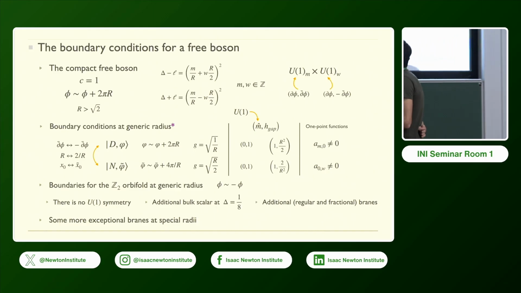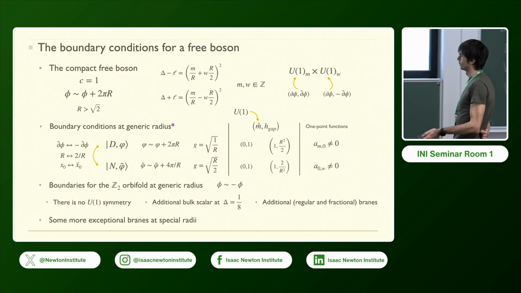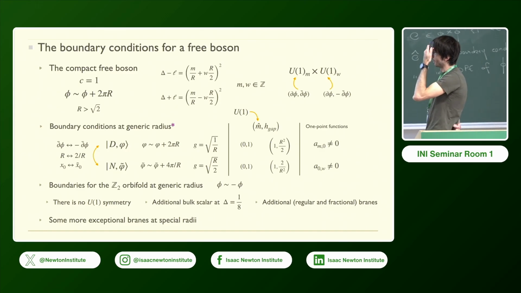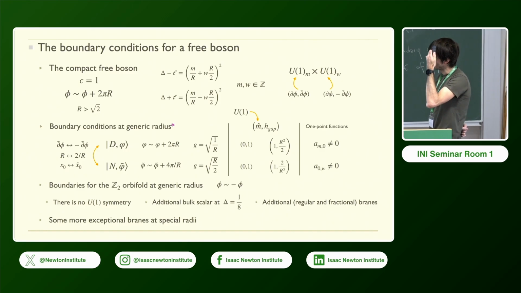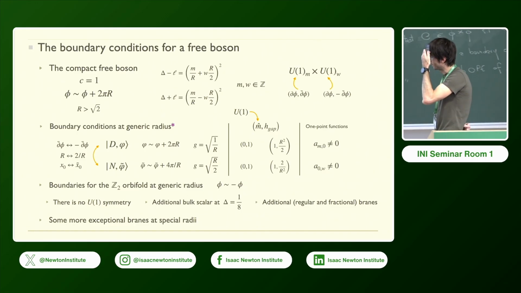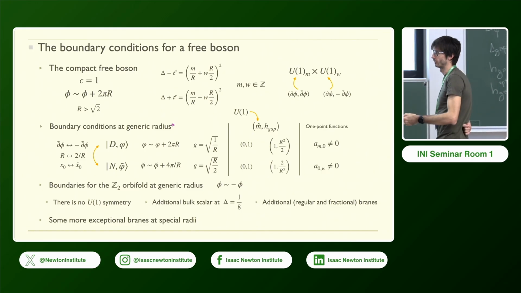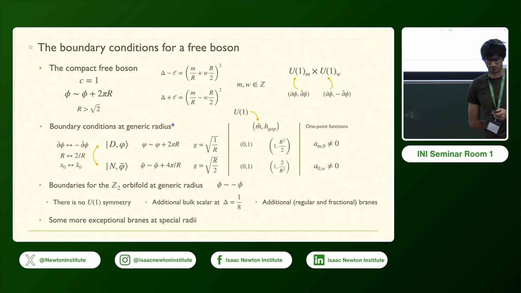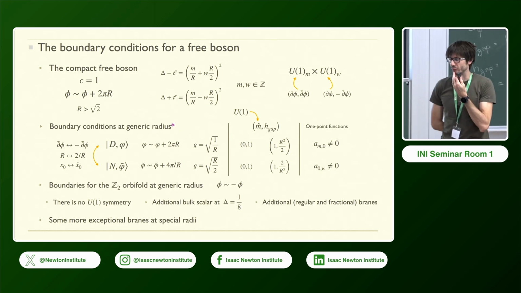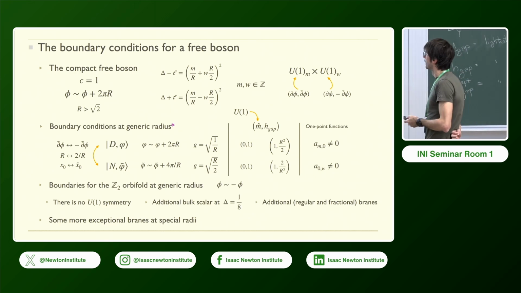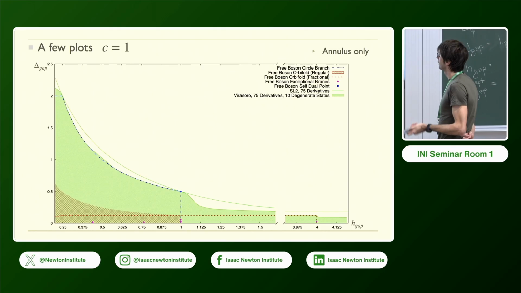There are other boundary states for the Z2 orbifold, where the U1 symmetry is already broken in the bulk. And there are some more exceptional branes at special radii, and some people in the audience, including Gerhard, are responsible for analyzing them.